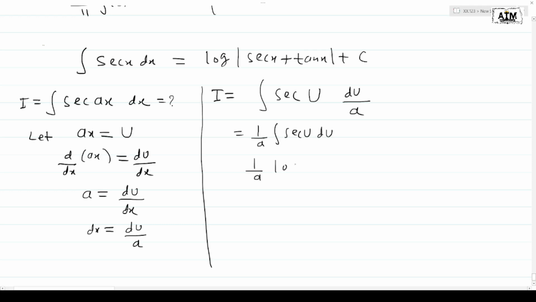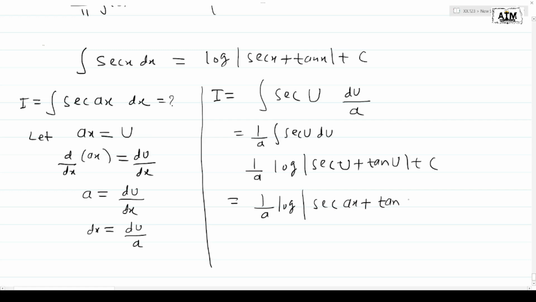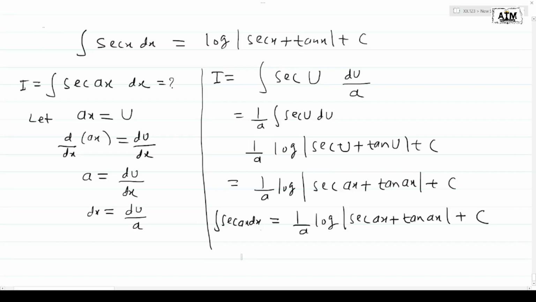Integration of sec u is nothing but log of modulus sec u plus tan u plus c, which equals 1 upon a log modulus sec u plus tan u, where u equals ax, modulus close, plus c. Therefore, integration of sec ax with respect to x equals 1 upon a log modulus sec ax plus tan ax plus c.